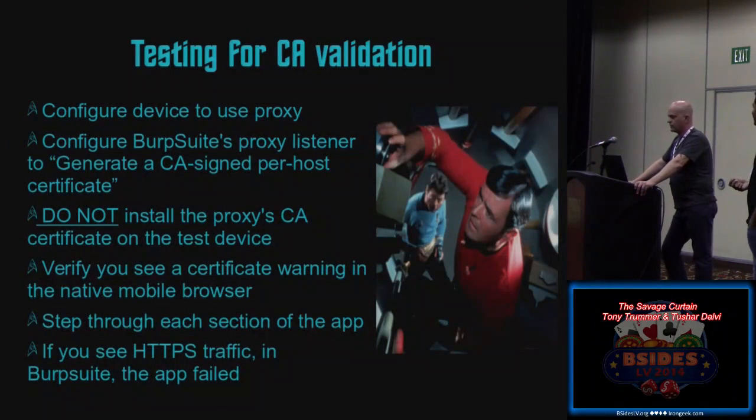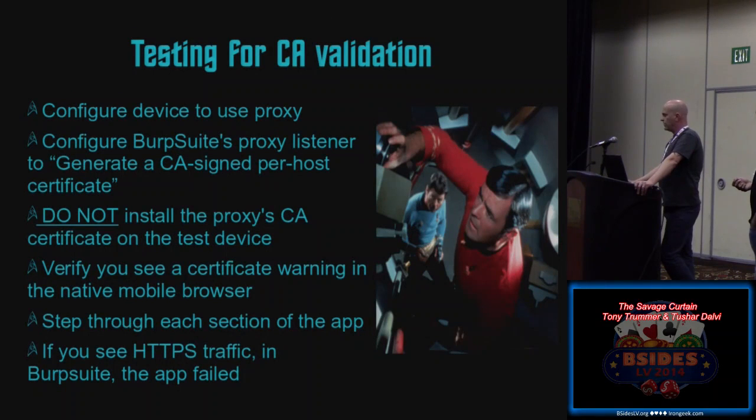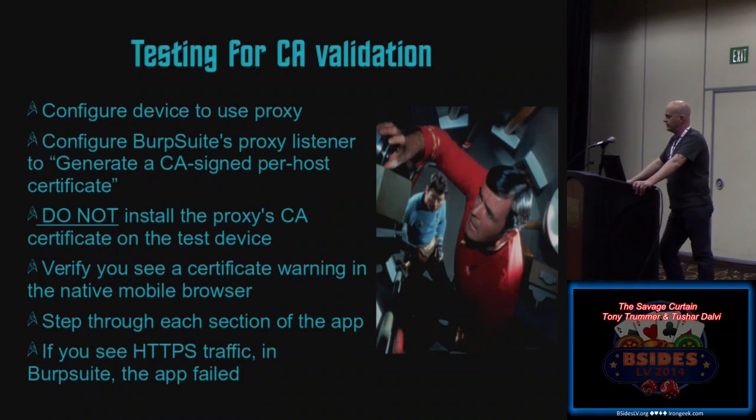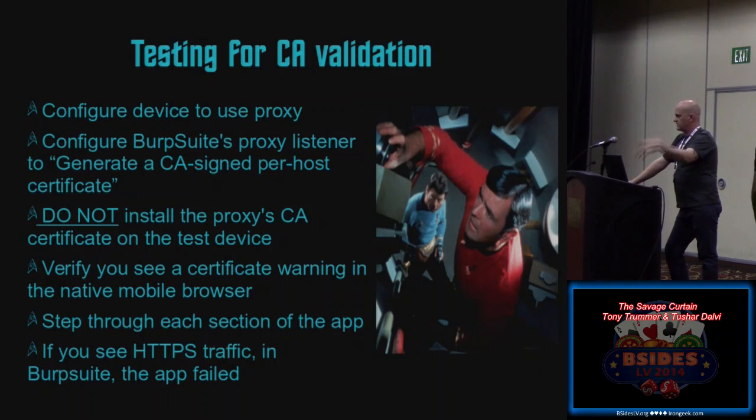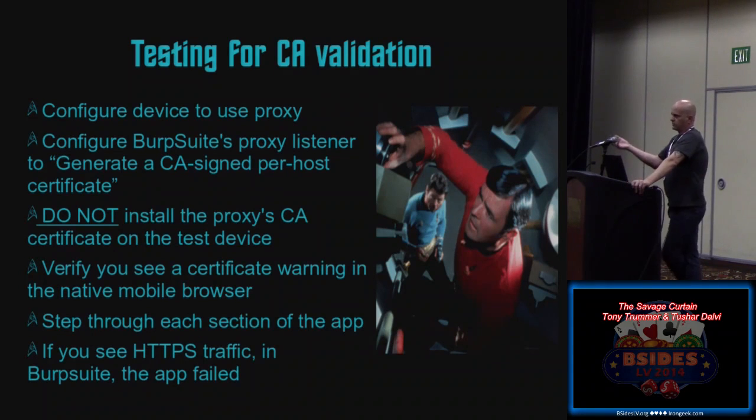So, moving on. If it wasn't clear, if you don't know how to test for this, call Scotty and he'll tell you. We'll be posting this on a site we put up, secbro.com. Don't worry if you can't write this down, but basically you can just use Burp Suite out of the box with the default proxy settings. It generates a dynamic certificate signed by its CA to match whatever host name you're trying to reach, essentially.